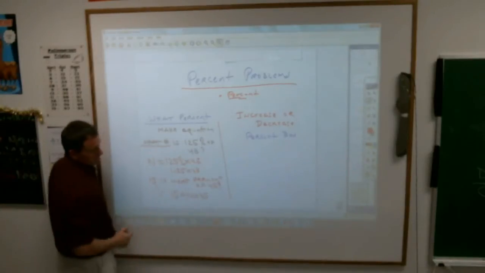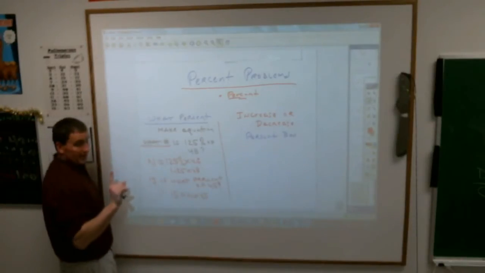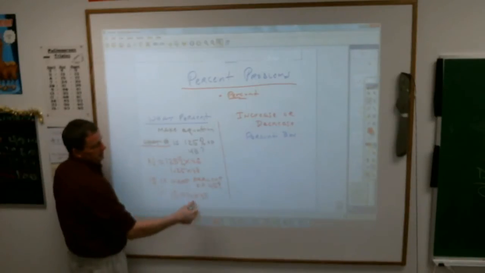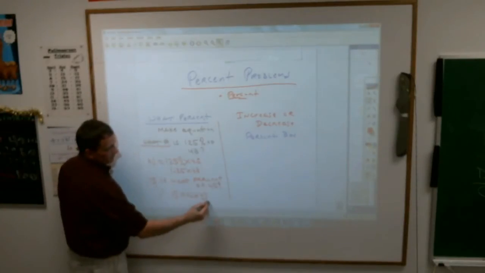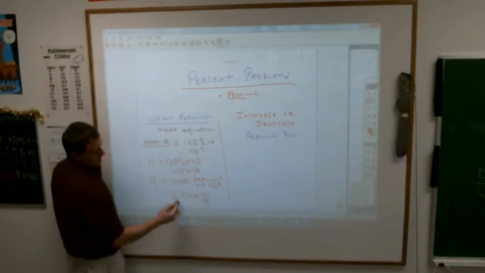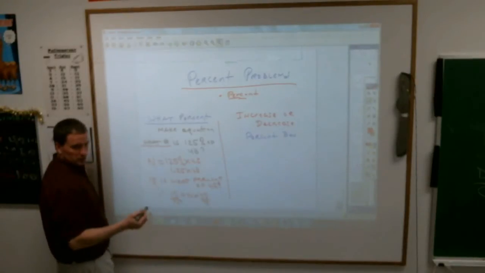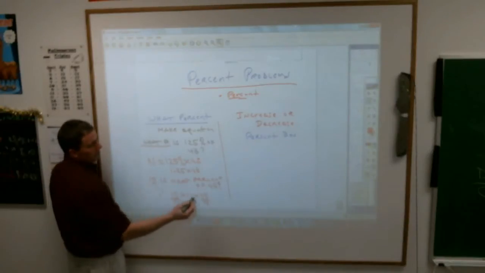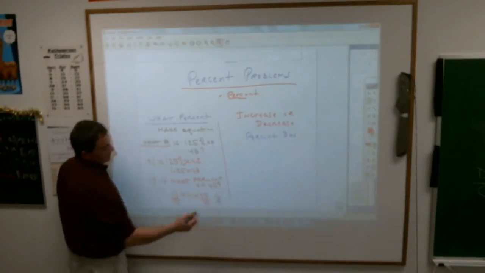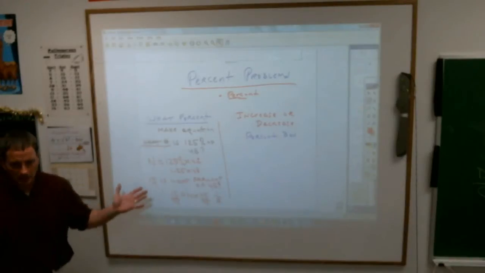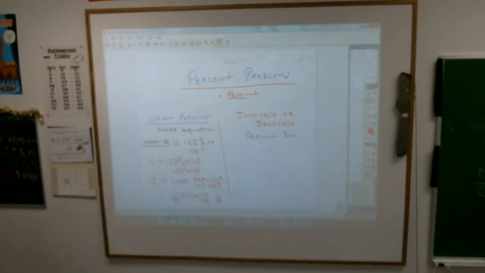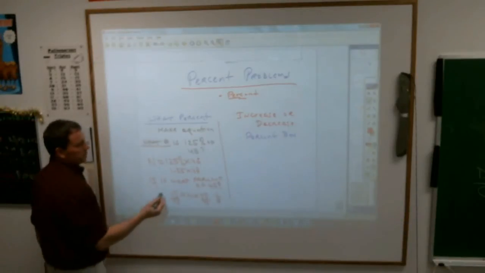Which one are you dividing by? No, the 45, because it's next to the letter. So you end up with 15 over 45, which is 1/3, and hopefully you know what 1/3 is as a percent. It's 33 1/3%.